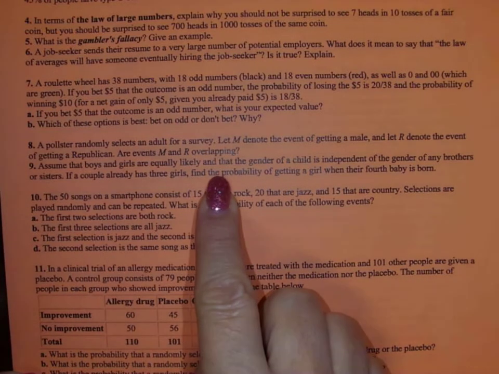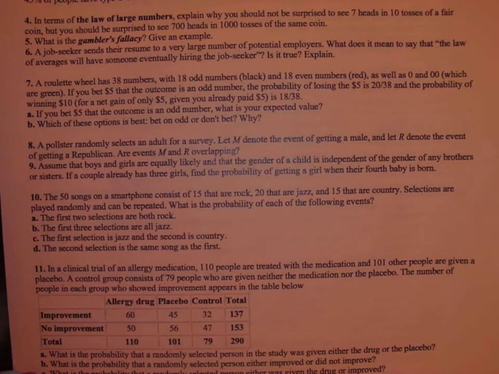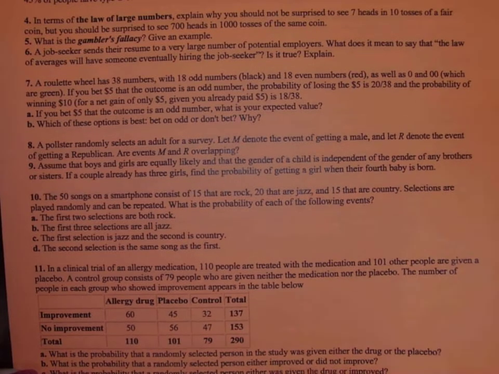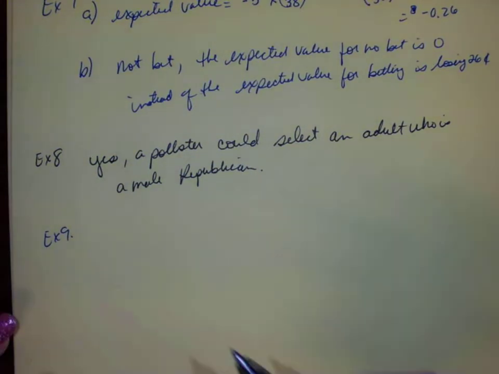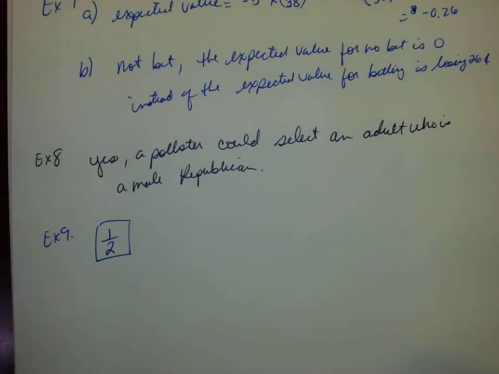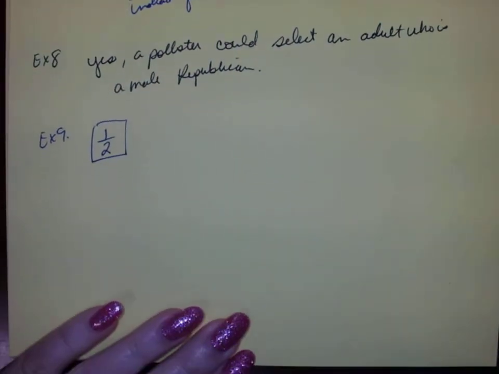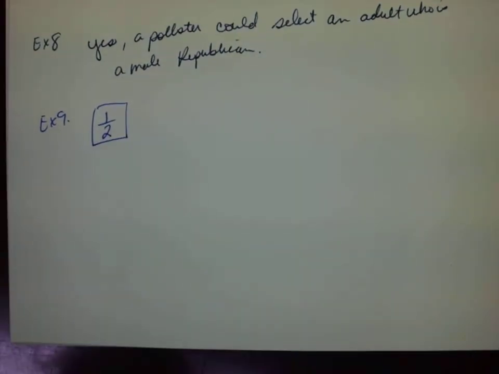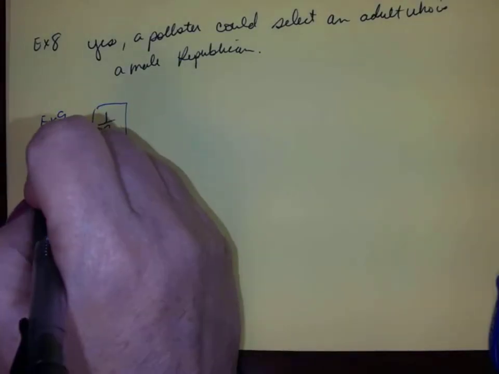So just because they already have 3 girls, the probability of getting a girl on the 4th baby is still going to be 1 out of 2. It doesn't matter how many times you've had a girl or a boy. We're just looking at the independent event of having a baby. Still a chance, boy or girl. All right, number 10.